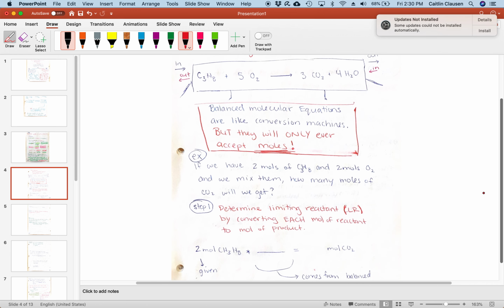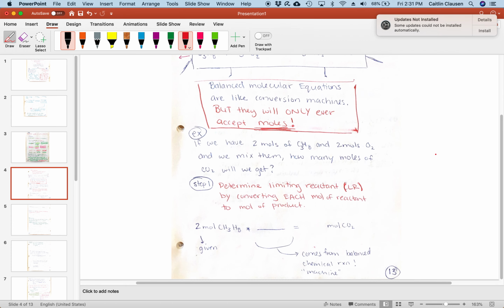So if we have 2 moles of C3H8 or propane and 2 moles of oxygen and we mix them together, how many moles of CO2 will we get? If we're determining the limiting reactant, or the LR, we're going to do the same thing we did with our bread and cheese analogy. I had to convert the bread and the cheese into sandwiches to figure out which one is the limiting reagent. So I have to convert the propane and the oxygen into product to figure out which one is limiting.